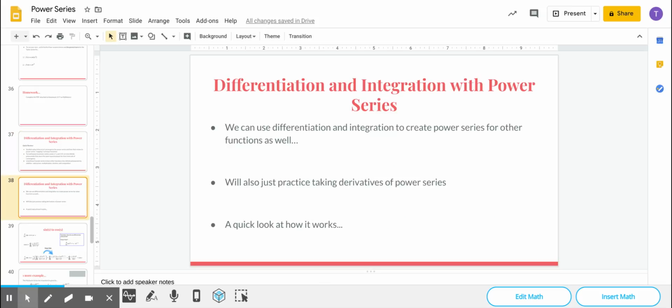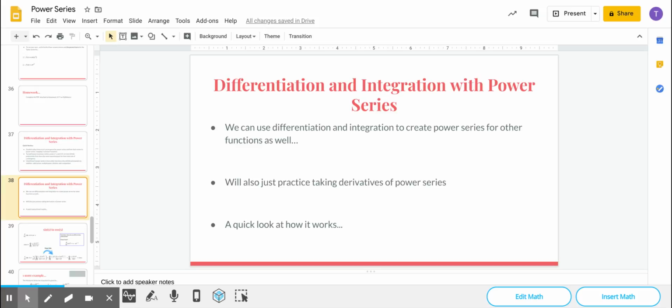This is what I really want to try and get into today. We want to be able to use differentiation and integration, again, to create different power series of other functions as well, right? So think about all the ways that we could manipulate sine, cosine, e to the x, 1 over 1 minus x, and then potentially differentiate and or integrate those.